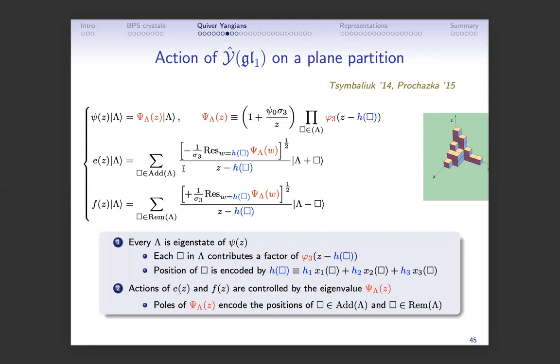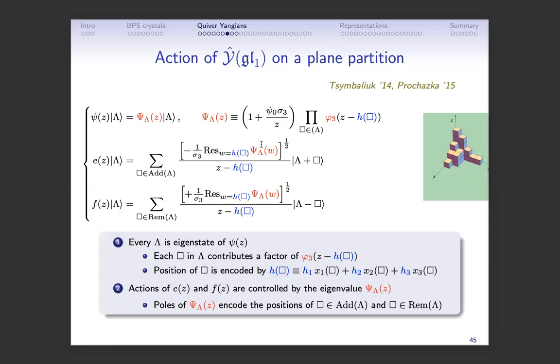Then the E generator adds a box at all the allowed positions, and the F generator removes a box from all the allowed positions. The whole point is that all these coefficients are completely fixed by the eigenvalue of this plane partition. The coefficients come from the residue.